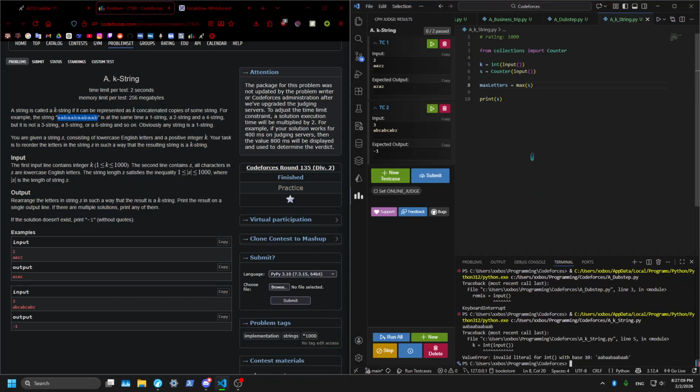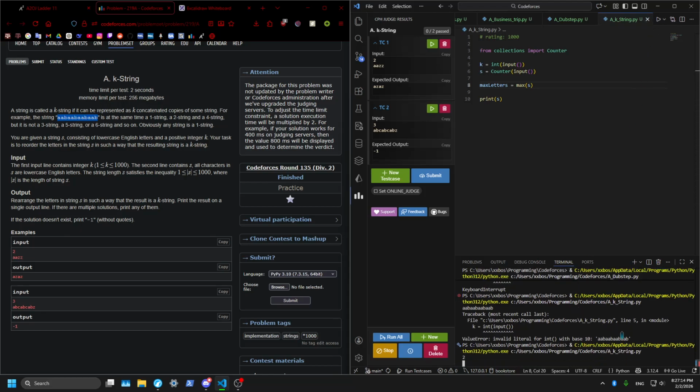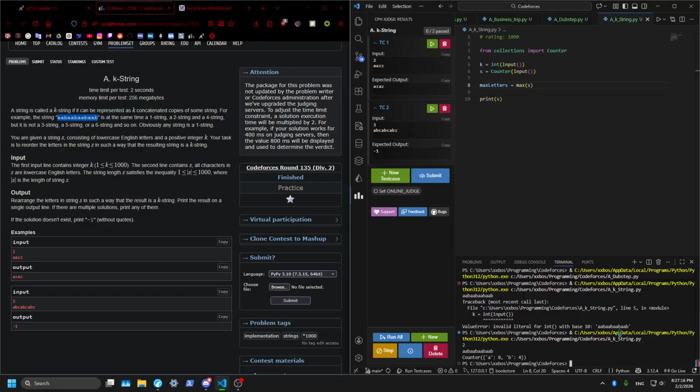Oh, int k. We printed s. Print max letters here.